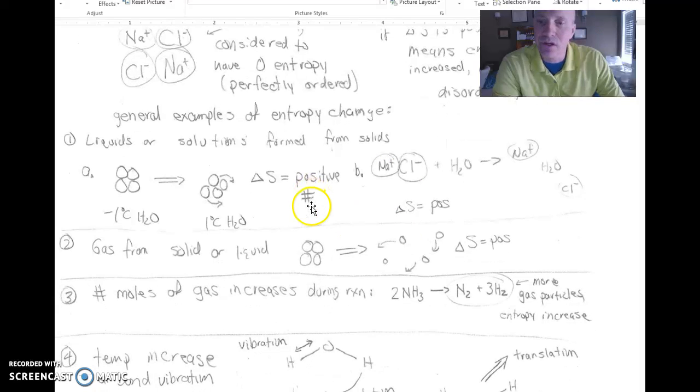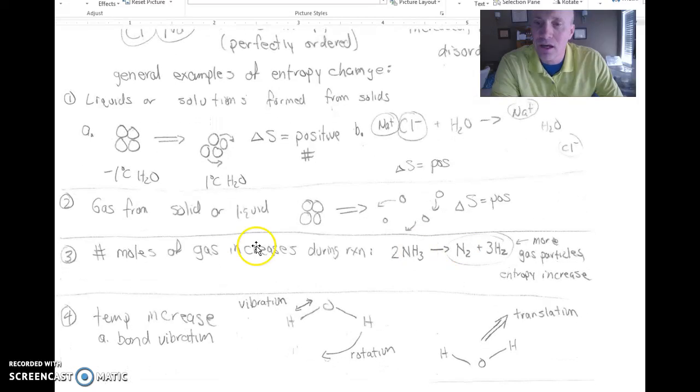So another case would be a gas being formed from a solid or a liquid. When you have gas particles, these things are not touching each other and they're all moving around randomly. There's a lot of disorder in that compared to either a solid or a liquid form. So that change right there would be associated with a positive delta S.